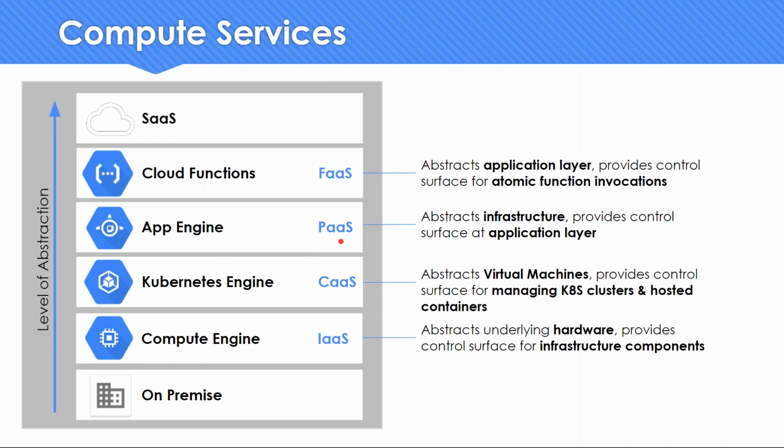If you go up the ladder, you get the next kind of compute model, which is platform as a service, PaaS. Here we abstract the infrastructure completely, and what you get to know is only the application layer. What kind of applications you are going to run, whether a database, a Python web application, a .NET web application, or a Java application.